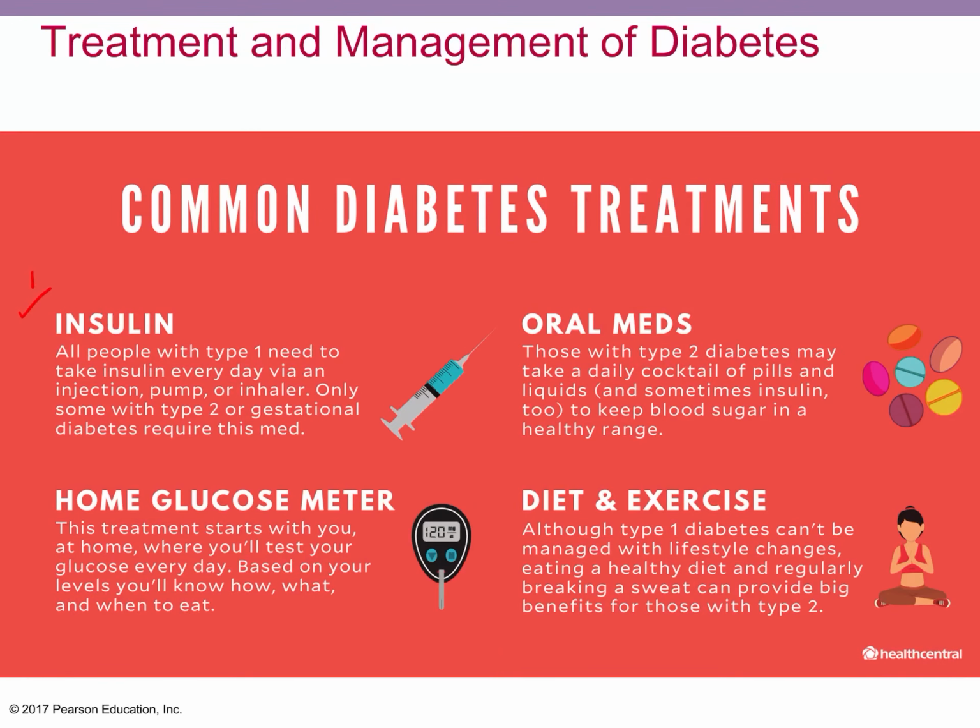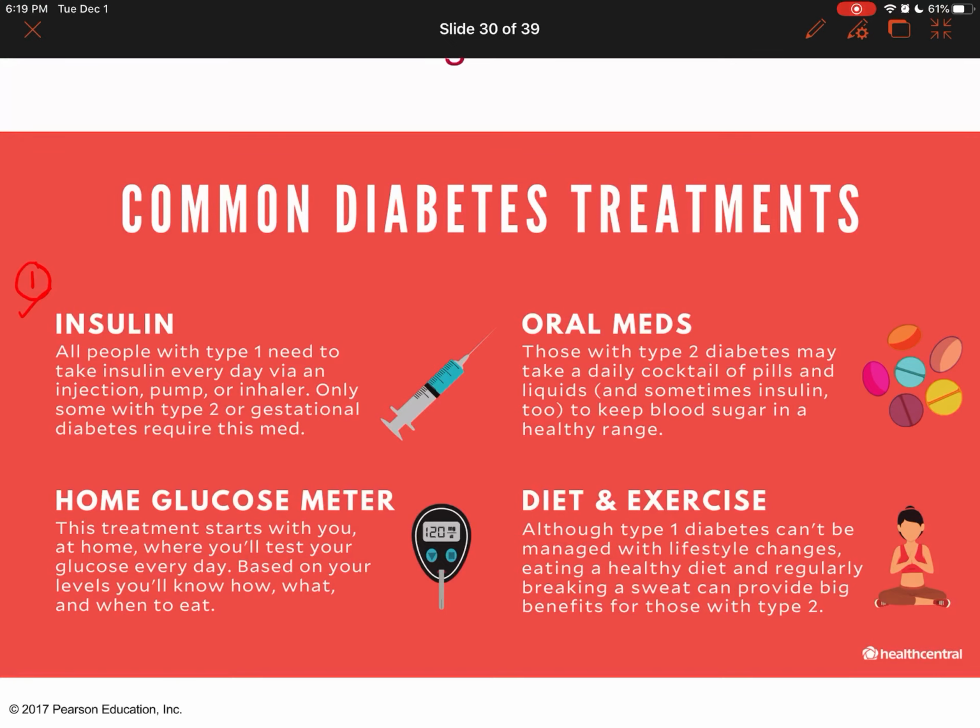So insulin is a very common approach, especially in type 1 diabetes, because type 1 diabetes is insulin dependent. So this is a must in type 1 diabetes, occasionally used in type 2 diabetes, only with some type 2 or gestational diabetes.